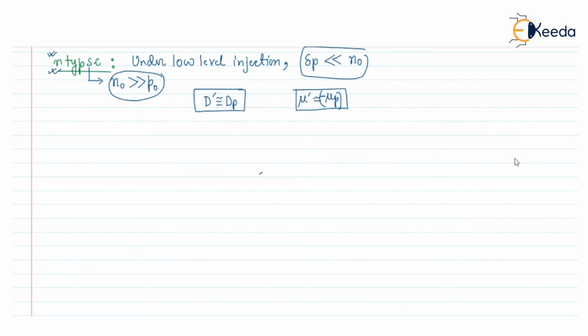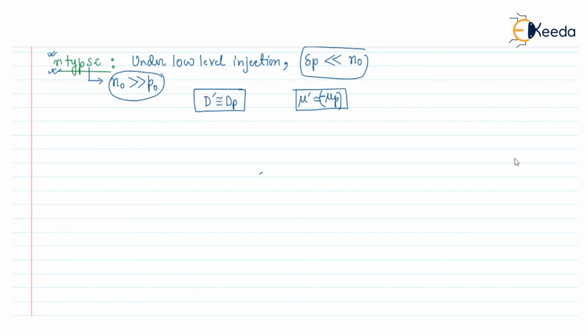In this way, we can discuss the ambipolar transport in the semiconductor. And in the ambipolar transport, we have seen that for n-type and p-type or extrinsic semiconductors, the ambipolar diffusion coefficient and the mobility value depend on the diffusion coefficient value and the mobility value of the minority carriers.